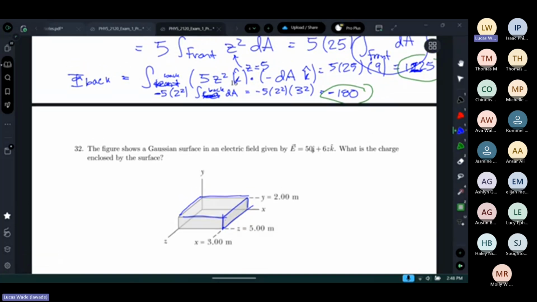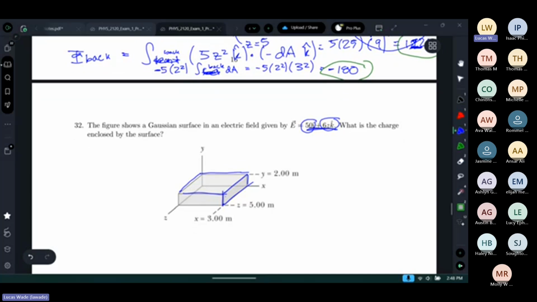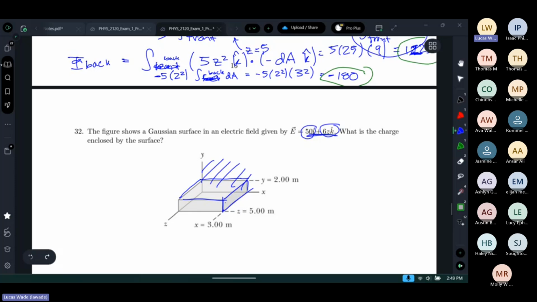But I would sketch out my vector field. I see that it has an x component that doesn't change, so every electric field vector will point somewhat along the x direction. There is no y component, so none of them point in the y direction. There is a z component, and it grows as I move in the positive z direction. So at z equals 0, which is this back plane behind the box, they'll start out with just that x component.